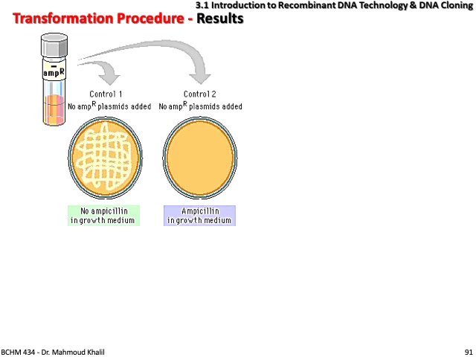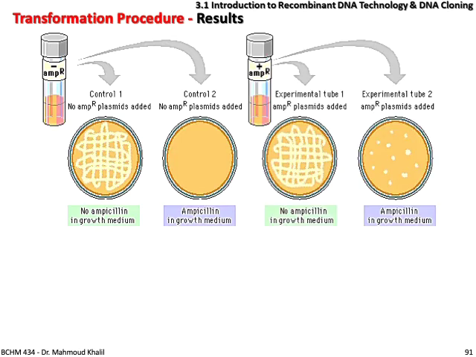You can see that in control 1 and control 2, no bacteria have grown on the plate with ampicillin because no ampicillin resistance plasmid was added. In this case, if the ampicillin resistance plasmid is added, you can see that a few bacteria grow on the ampicillin growth media. That means these bacteria succeeded in taking up the recombinant plasmid.